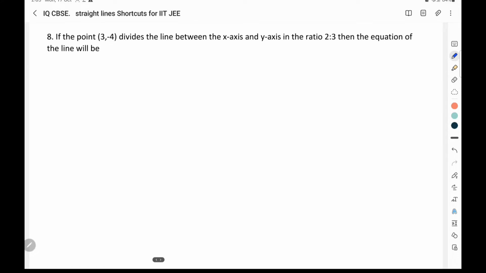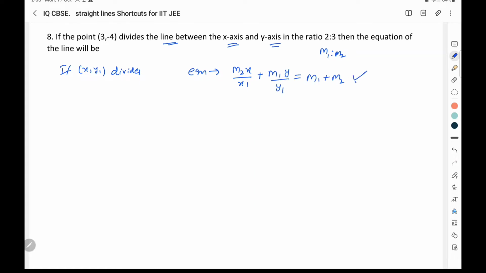Here we need to learn a small trick. If some point (x1, y1) divides the line between the x-axis and y-axis in some ratio m1 is to m2, and we are asked to find the equation of that line, the formula is m2x/x1 + m1y/y1 = m1 + m2.